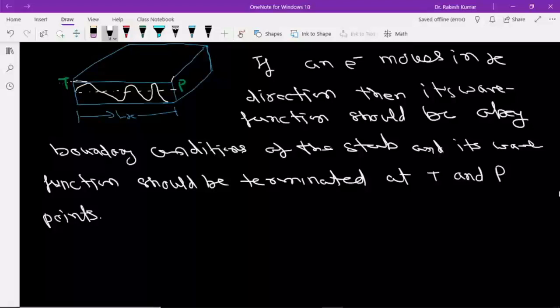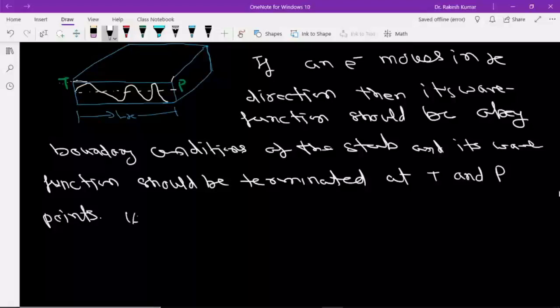So here we know that a traveling electron wave in a crystal or in a material behaves like a standing wave.